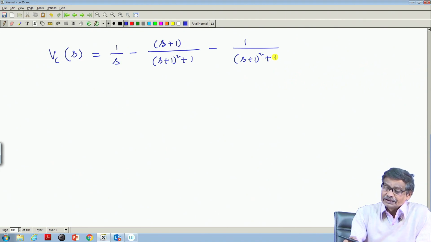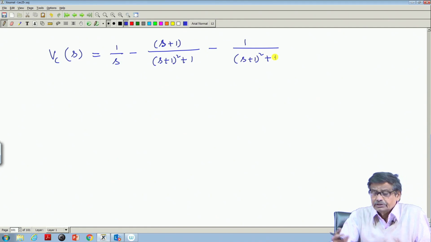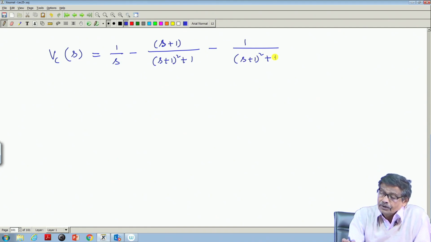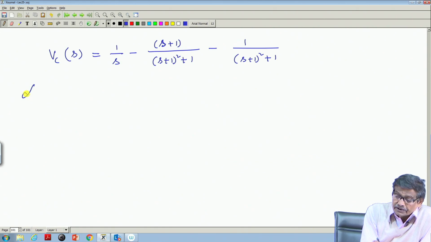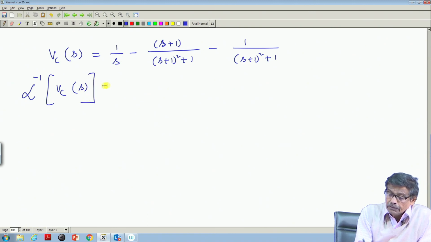Now, here your practice with Laplace transform will tell you, okay, Laplace inverse of VCS will be 1 by S, Laplace inverse is u(t).